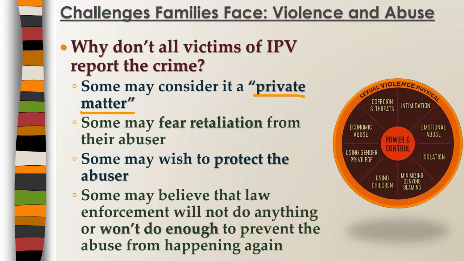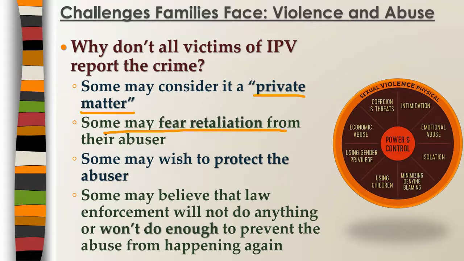We're figuring it out. Number 2, some people might fear retaliation from their abuser. Let's say you call the police and the police kind of just give you a warning, and then they leave you in the house and they drive off. You might be fearful of what might happen after that.